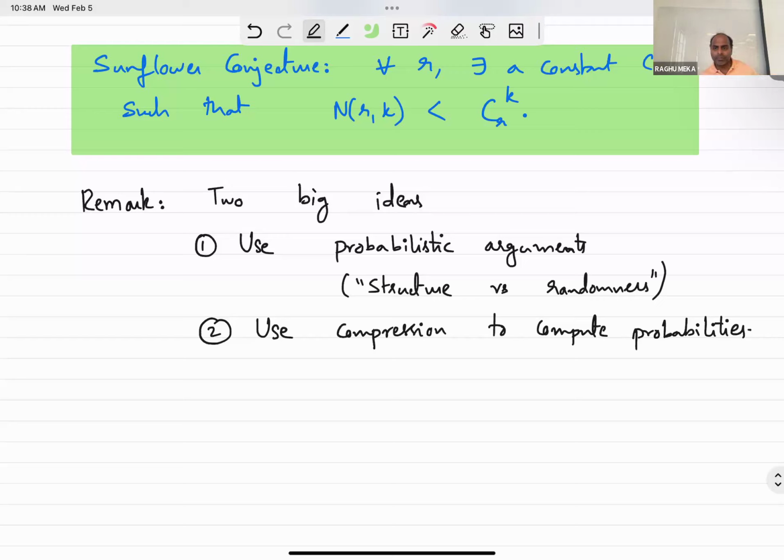There's a question on Zoom. Yes, we are basically ignoring constants. So yeah, okay, anyway.